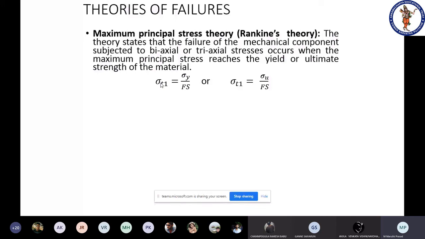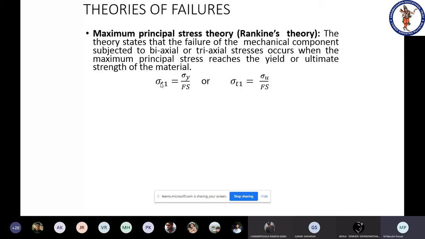Whenever the individual stress is greater than the property of the material, we get failure. So we conclude that if the individual stress is less than or equal to the allowable stress, there is no question of failure. If it crosses the allowable stress, certainly failure will occur.